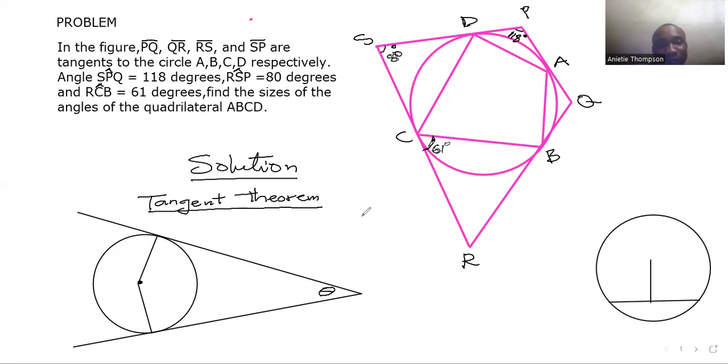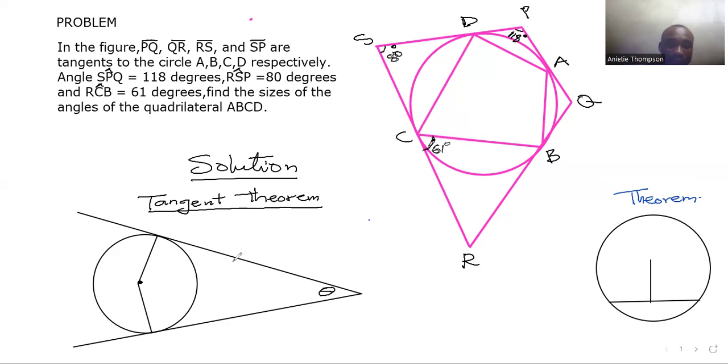You use something different from what you're thinking. The problem is centered completely on the tangent principle. And for you to really answer this problem, you must understand these two theorems, the tangent theorem and this other theorem.